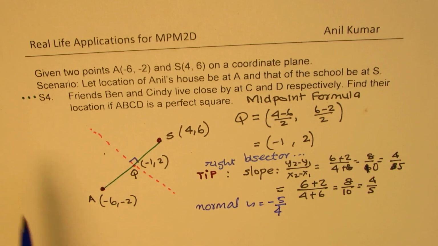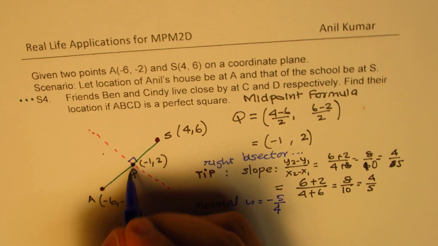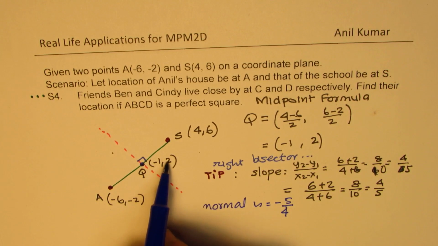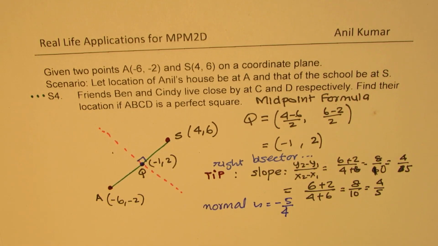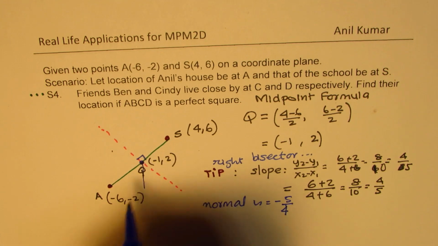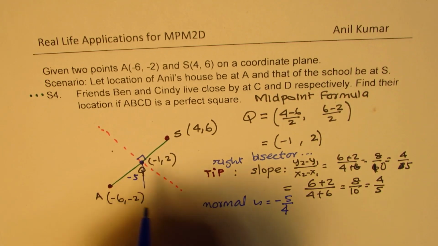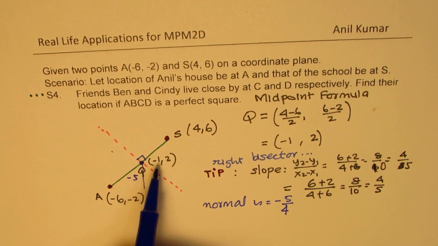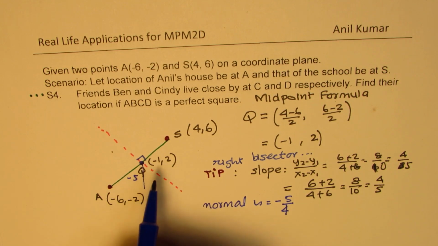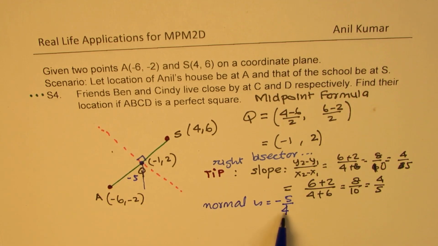So to get these 2 points, what we could do is start from the center, right, which is (-1, 2), and we can go minus 5 over 4. So if I go minus 5 somewhere down like this, the y coordinate value which I reach is 2 minus 5, which is minus 3, and then I go 4 units right, that is positive.